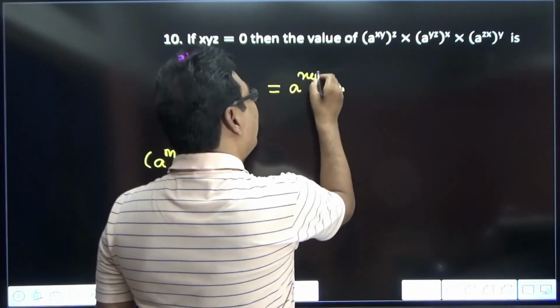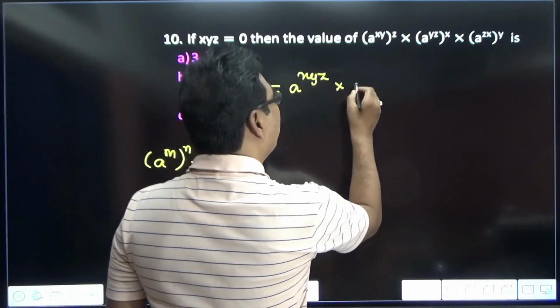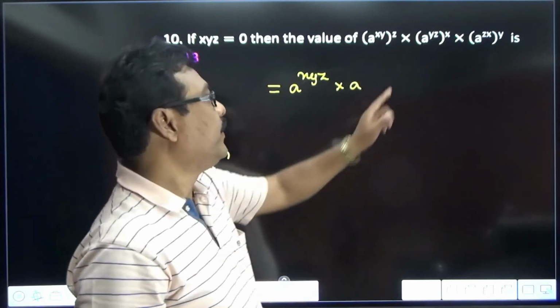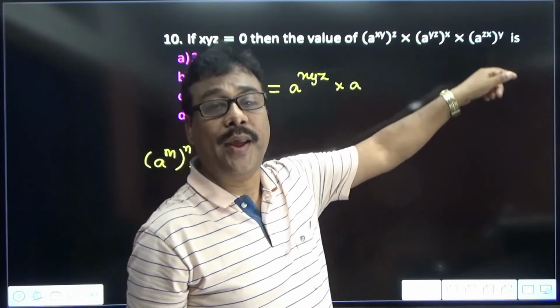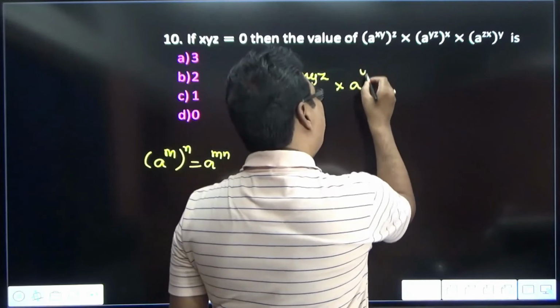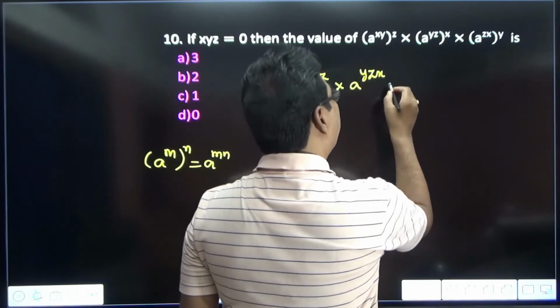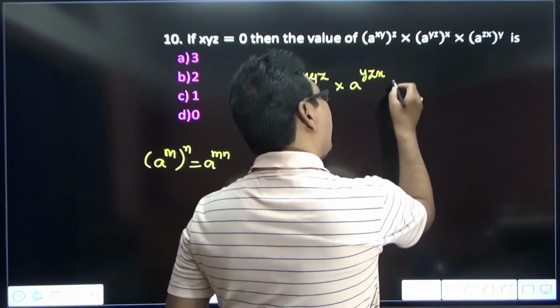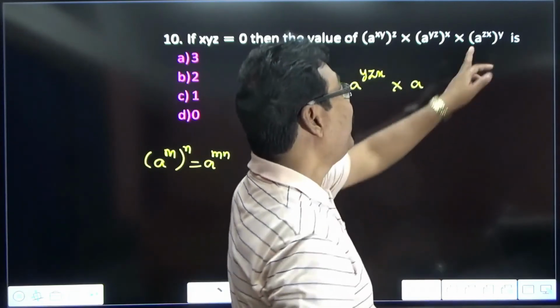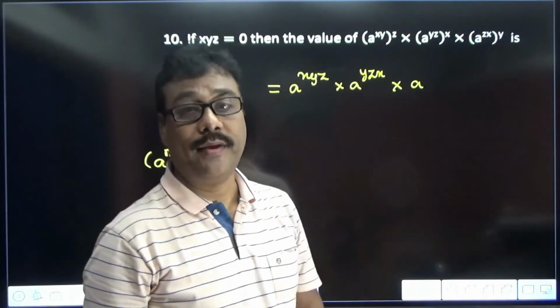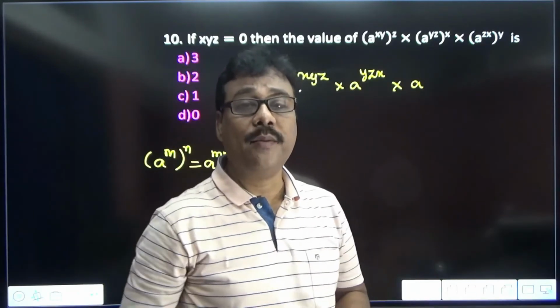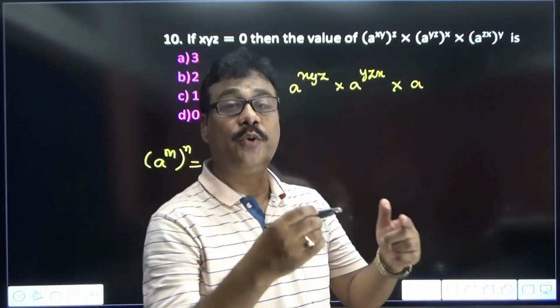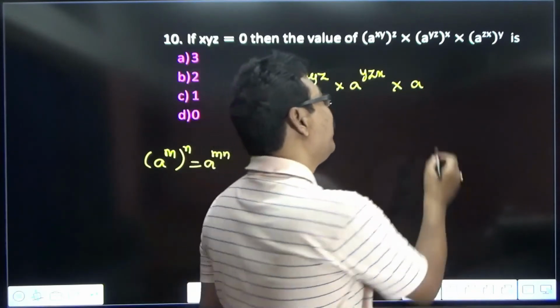A to the power xyz into a to the power, this is yz into x, yzx. Into a to the power, what is it? A to the power zx to the power y can be expressed as a to the power z into x into y, zxy.